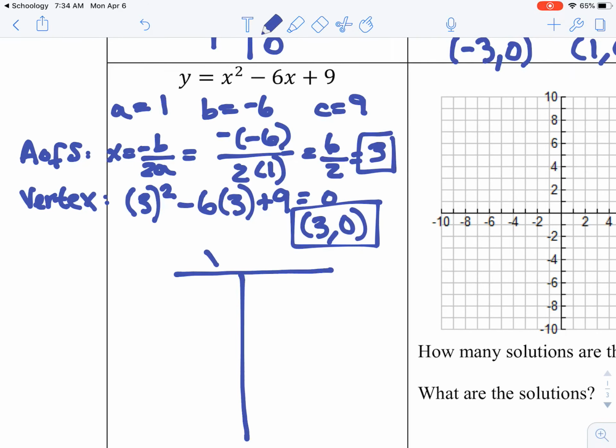Then I'm going to use an XY chart, putting my vertex in the middle. 2 smaller, 2 greater. And using my calculator, I will finish filling out the XY chart.